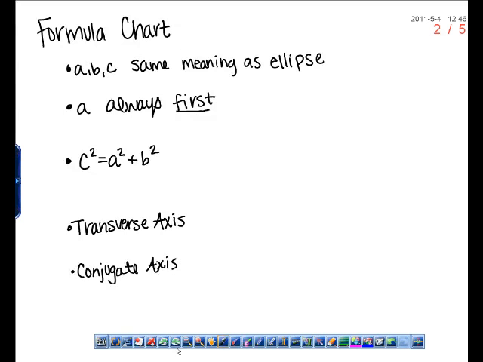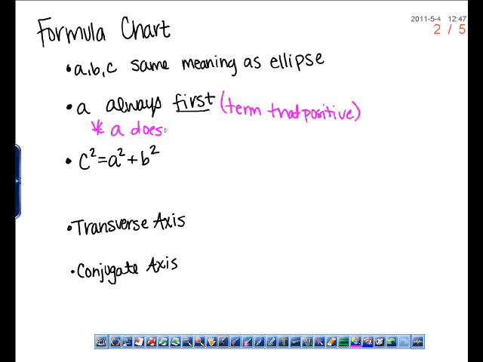In a hyperbola, your a value is always listed under the first term, whether it's x or y. The other way you can think of that is the term that's positive, the term that's not being subtracted. One major difference here is that a doesn't have to be bigger than b.